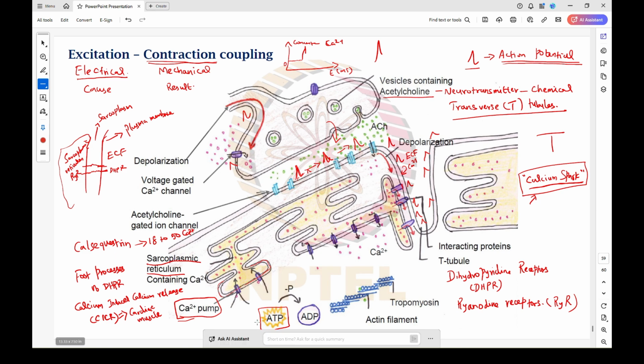In case of calcium pumps, the energy currency is ATP, which is converted to ADP, and there is a loss of a phosphate group, and this generates energy which is used to flux the calcium ions from the sarcoplasm to the sarcoplasmic reticulum.